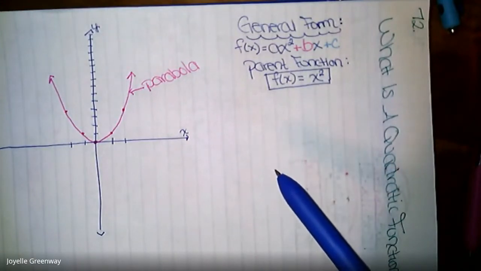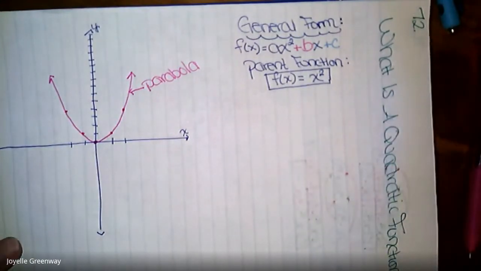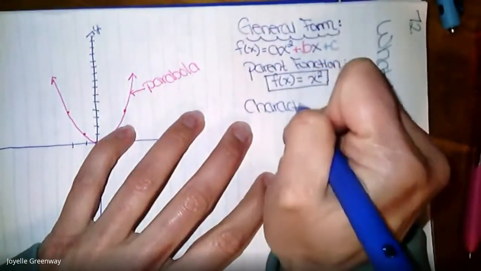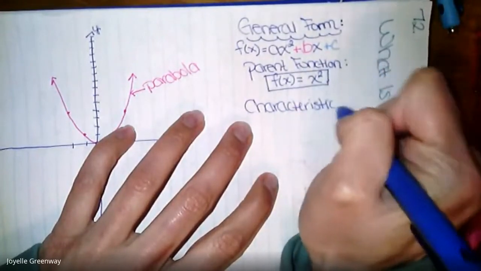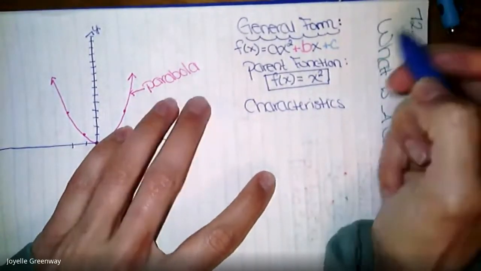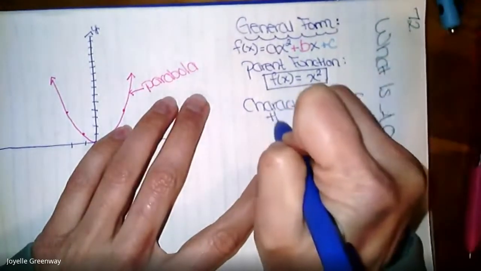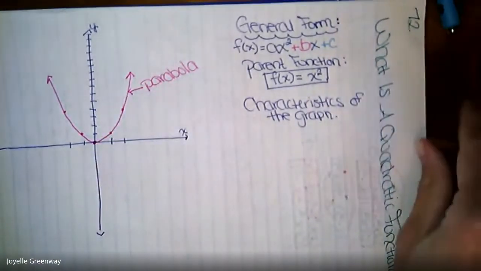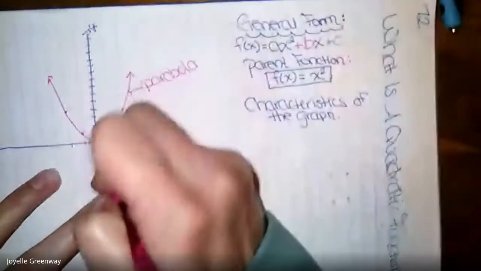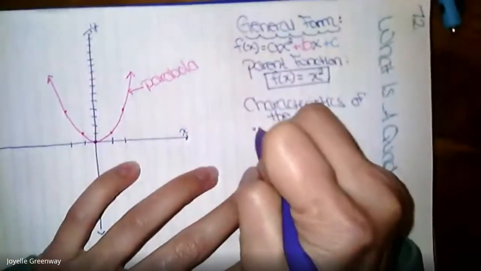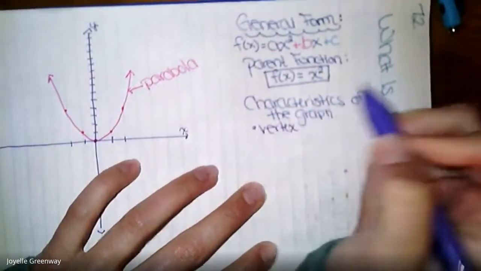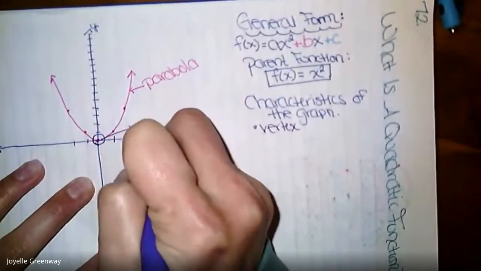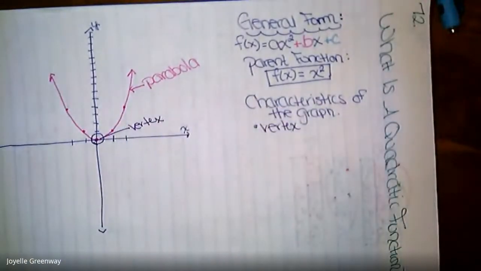So let's talk about some of the characteristics of the graph. So we have a vertex. So that vertex right here, this is your vertex. That vertex is going to tell you a lot of things.